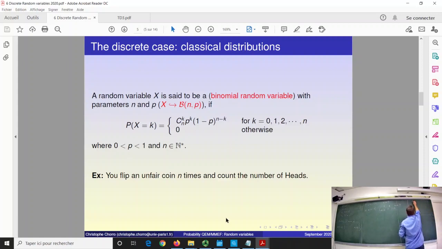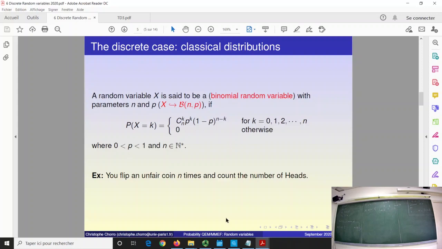If x1, ..., xn are independent Bernoulli of parameter p, then I have proved it by induction, then x1 plus ... plus xn follows a binomial (n, p). So it is an equivalent characterization of the binomial distribution of parameter n and p, seen as the sum of n independent Bernoulli of parameter p.